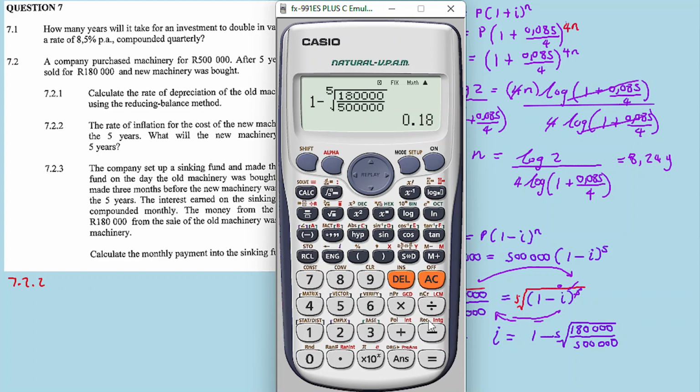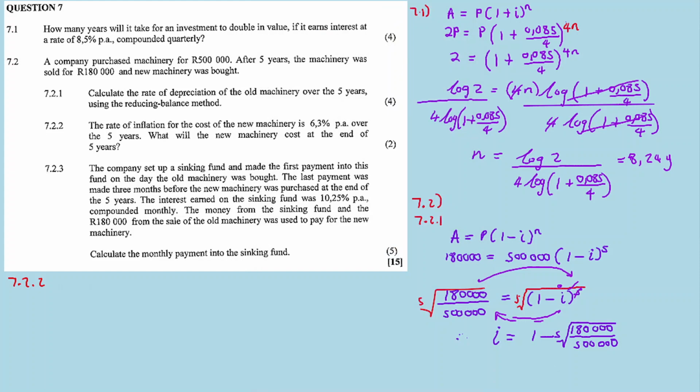500,000. This is equal to, let's round this off to 4 decimal places. Why? Because the percentage here is also quoted in 2 decimal places. You multiply this answer by 100.